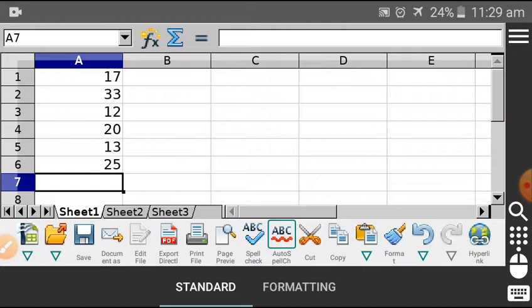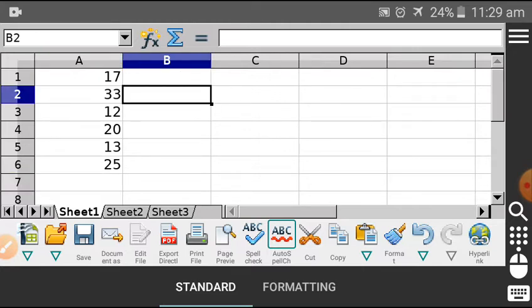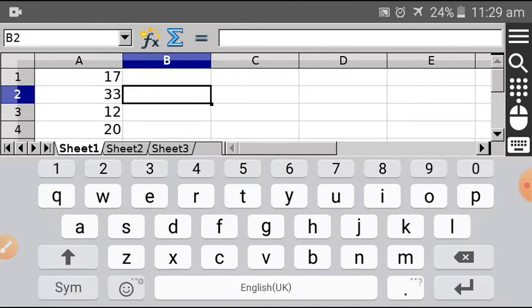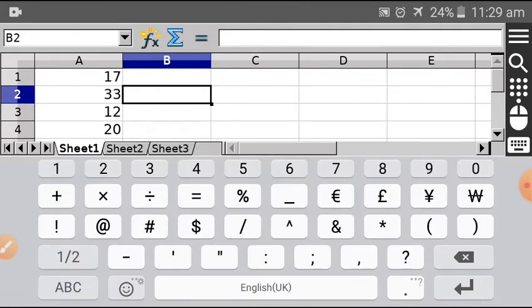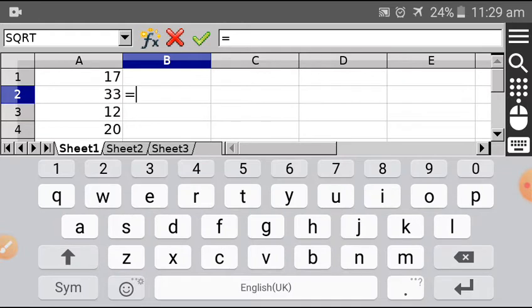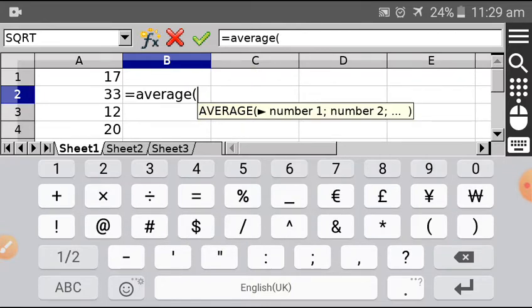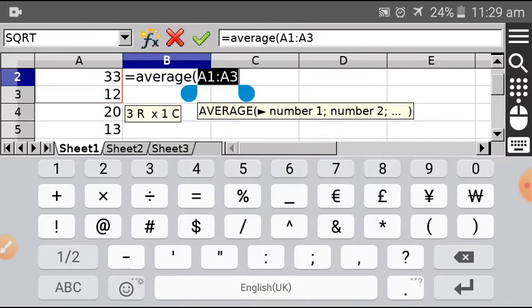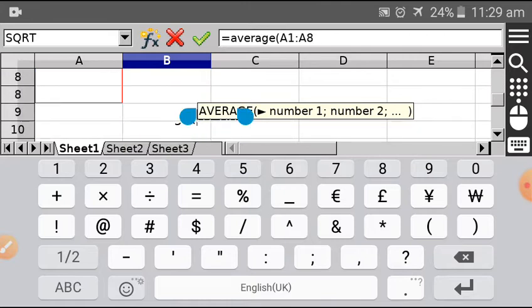If I have to calculate the mean, let me write in one of the cells. How do we write it? We always start a formula with is equal to. For the mean we have the formula AVERAGE. It's already showing in the help section, coming by default. Then we have to enter the numbers, so I select all these values from 33 up to 25.